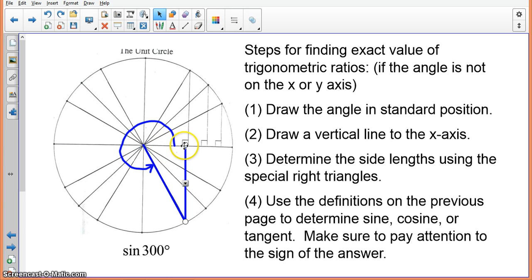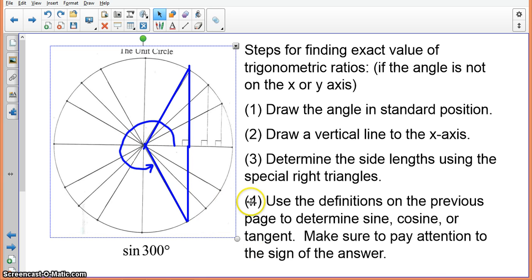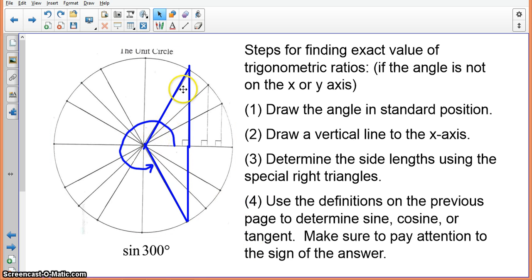It's hard to tell, maybe, if you're not used to doing this. But this looks like this special right triangle here, except upside down. It's not lining up totally perfectly. There we go. So this looks like a 30, 60, 90 triangle where here's the 60 right here.